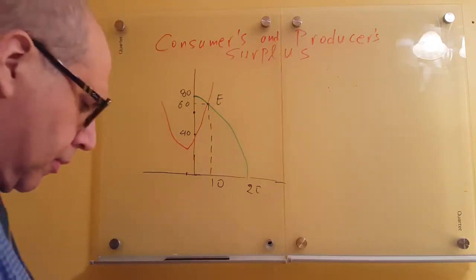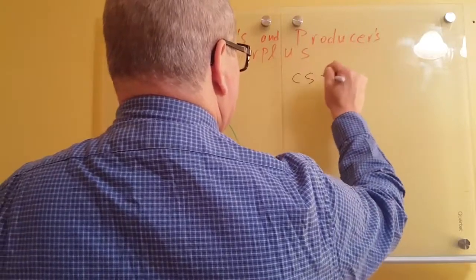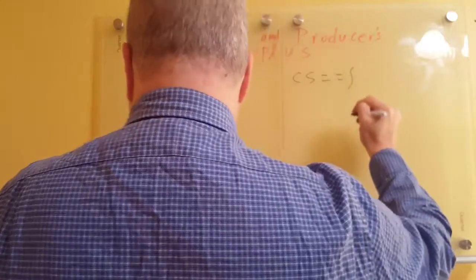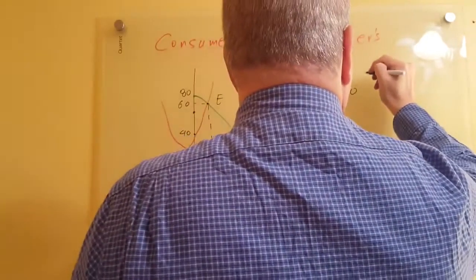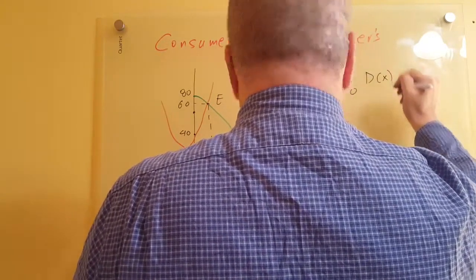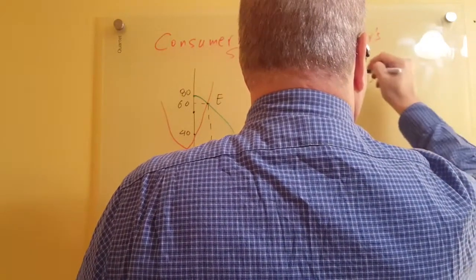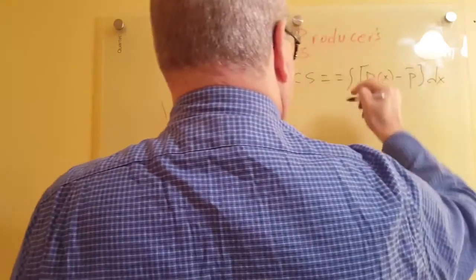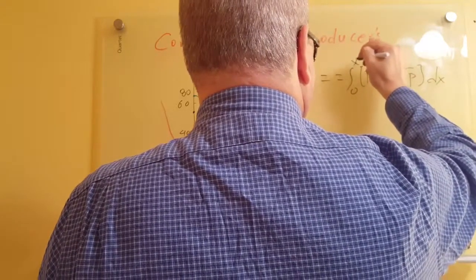So we know, first of all, from the theory that the consumer surplus is equal to the integral of the price demand equation minus the bar price with respect to dx, and that's from 0 to bar x.